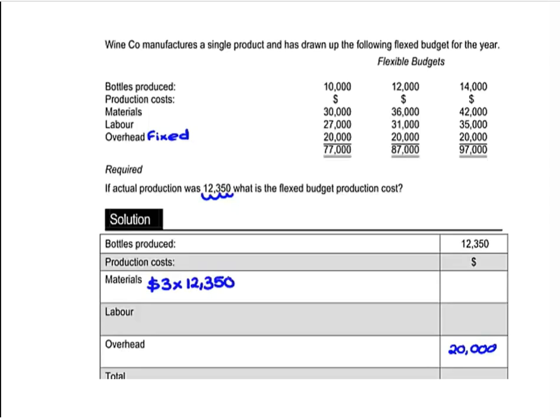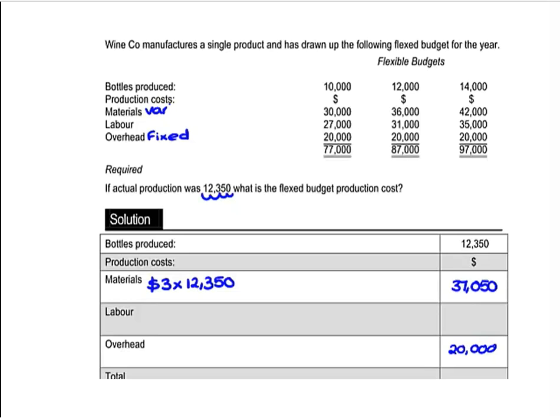So $3 per unit, and we're going to make 12,350 units. So materials should have cost us $37,050.